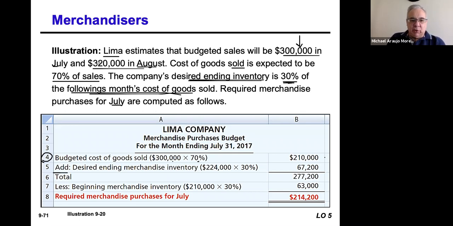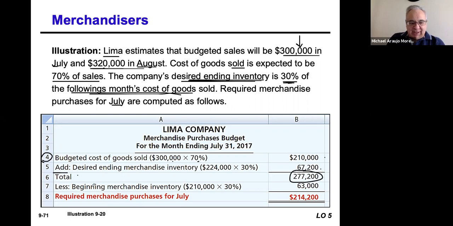The August cost of goods sold is 320,000 times 70%. And then 30% of that is going to be the ending inventory, which is where they get the 67,200. So that gives them a total of 277,200.